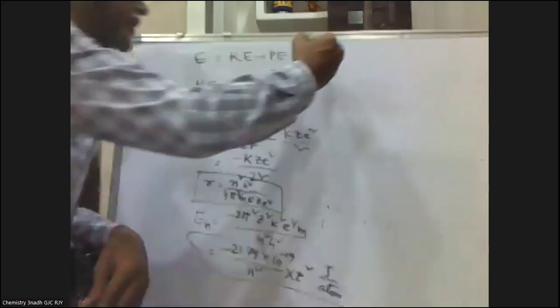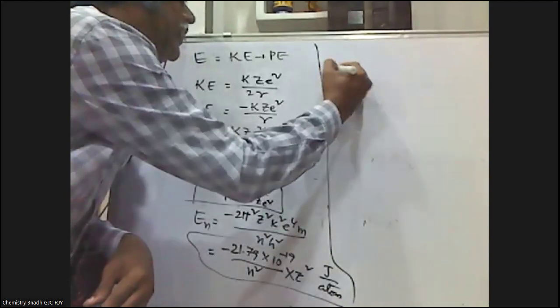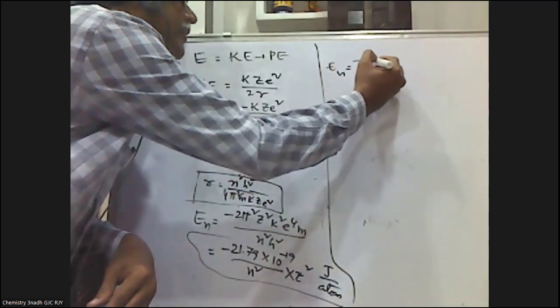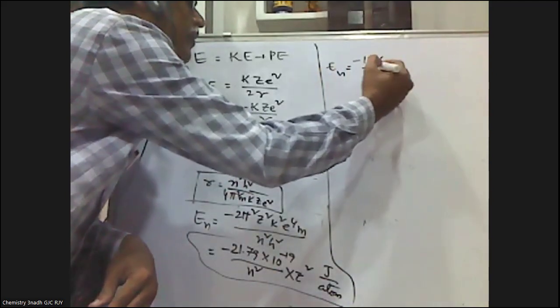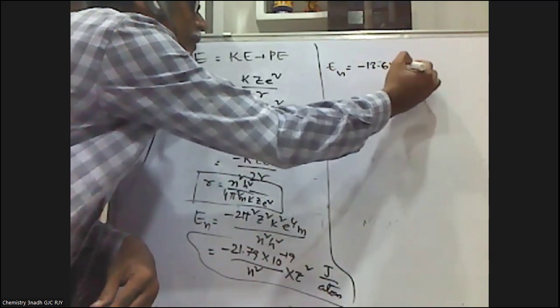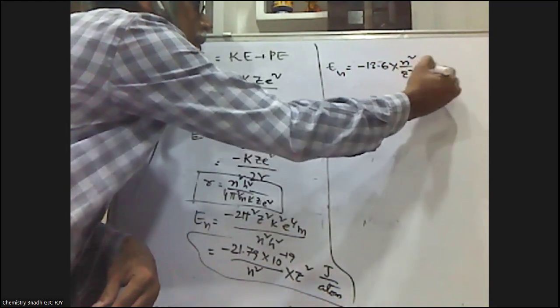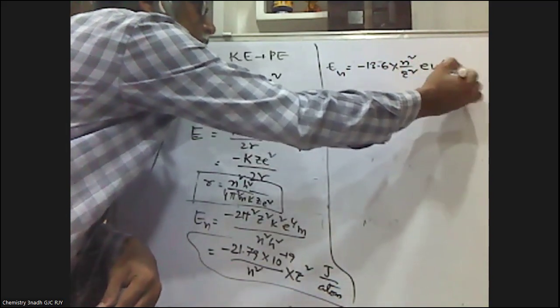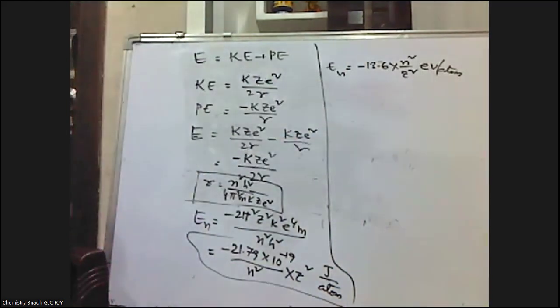So in other units, if we take En is equal to minus 13.6 into Z square by n square electron volt per atom. In terms of electron volt. Right?